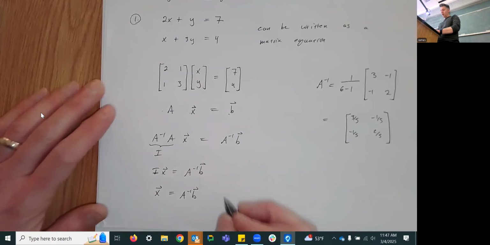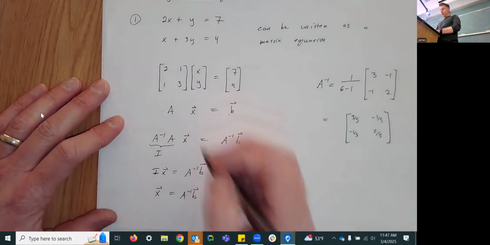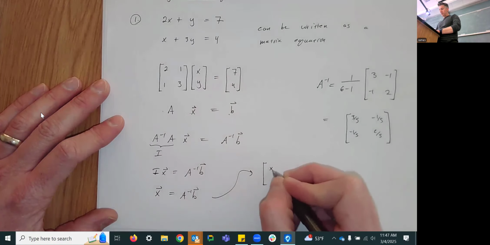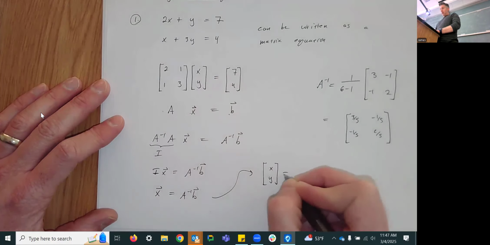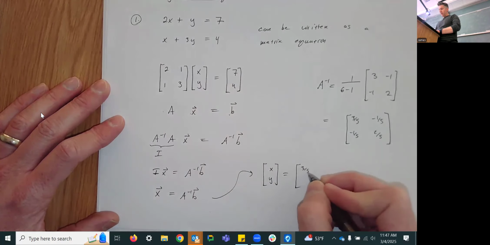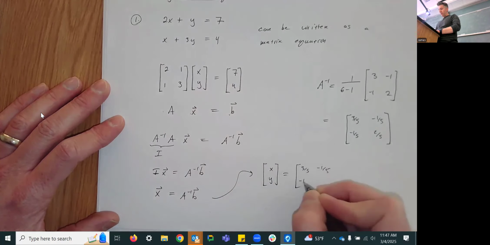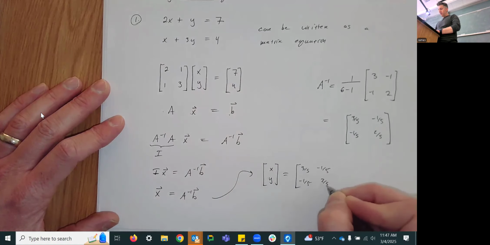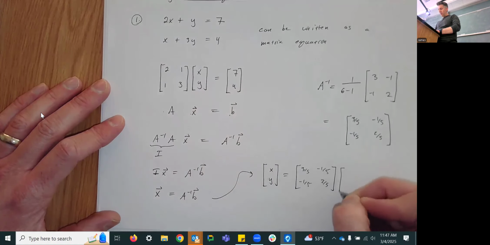So what we end up getting here is our vector X, which is the entries X and Y, equal to the inverse matrix 3/5, negative 1/5, negative 1/5, 2/5, multiplied by the vector B, which is 7, 4.